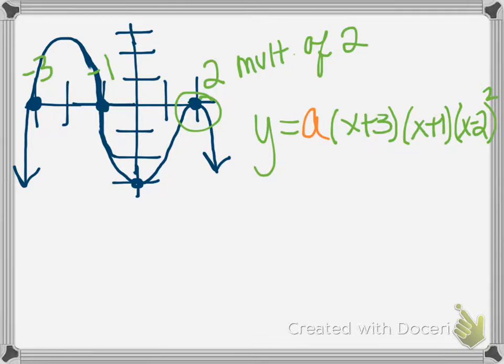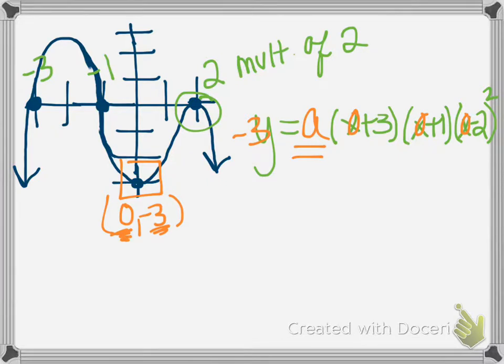So we are going to use the value of our y-intercept, which is (0, negative 3), to figure out what a is so we can have our whole factored form equation. I'm going to take the x value of 0 and plug it into my equation, and the y value of negative 3, and then solve for a.